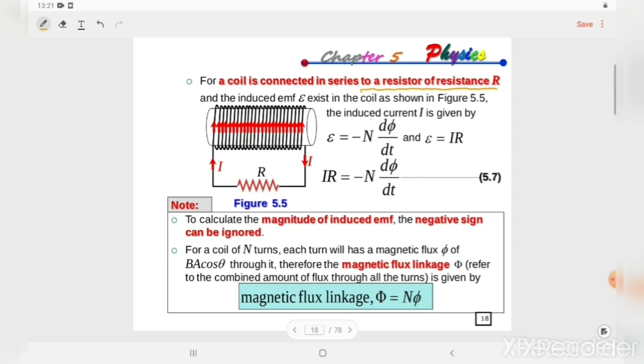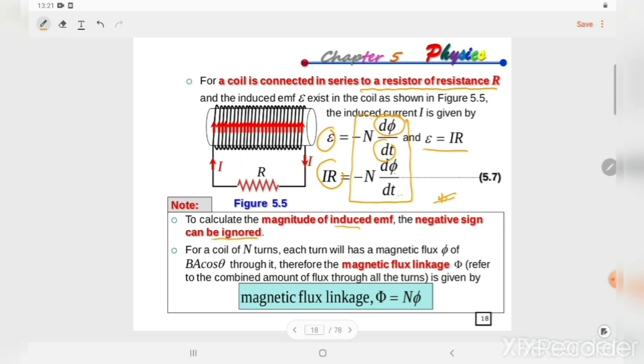The induced EMF is equal to the negative N times the change of magnetic flux over the change of time, and we know that induced EMF is actually equal to IR. So, induced EMF equals IR, which is Faraday's law, equal to N change of magnetic flux over the change of time. To calculate the magnitude of induced EMF, the negative sign can be ignored.